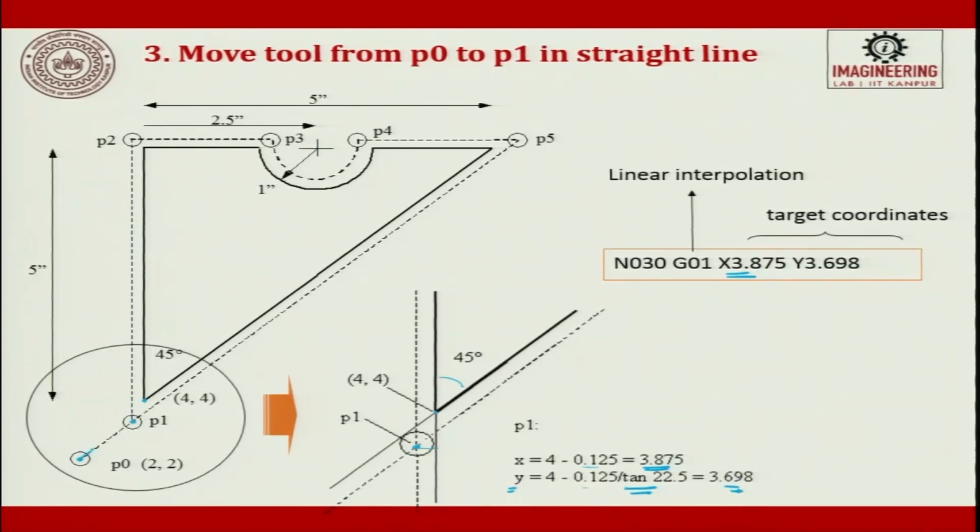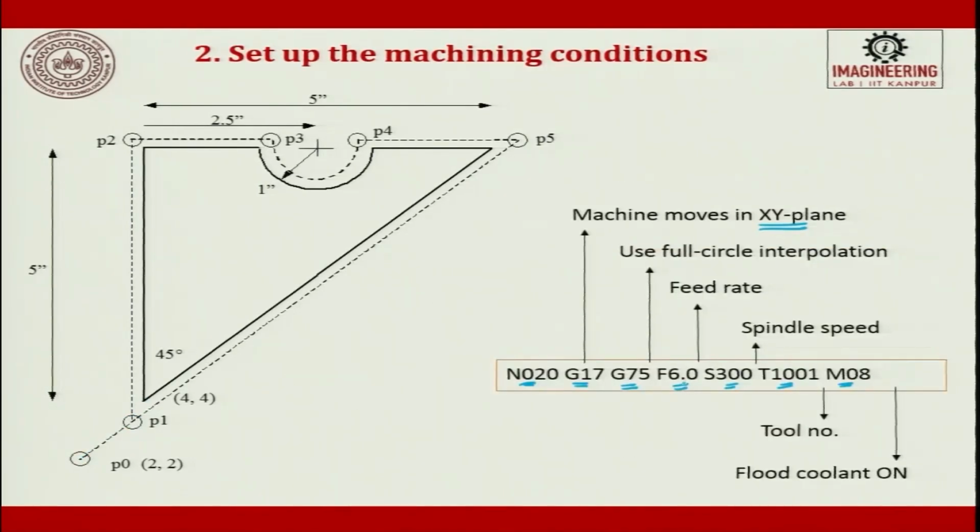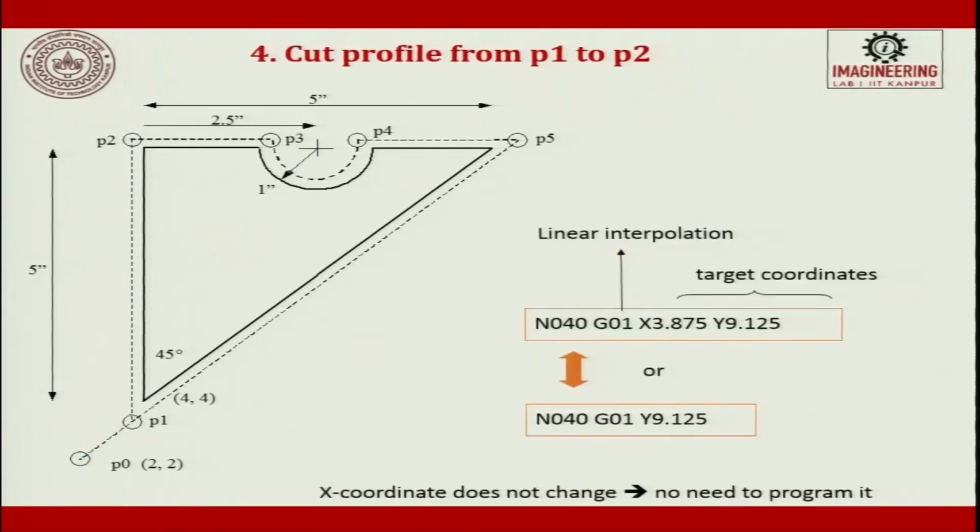From P0 I have to go towards the destination point P1. All the feeds and speeds we will take: this is the feed and this is the speed, and tool 1 is used for the operation. Next, from here I do a linear interpolation, N040, G01. Now from here I have to go up to here.